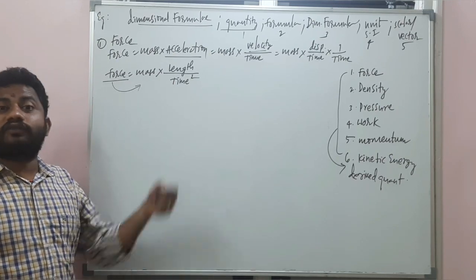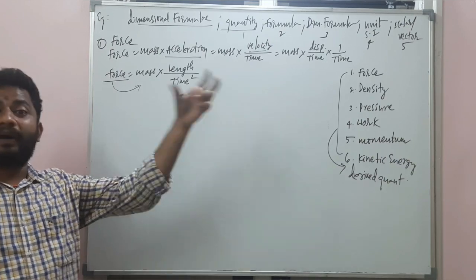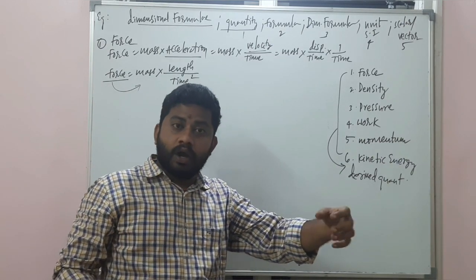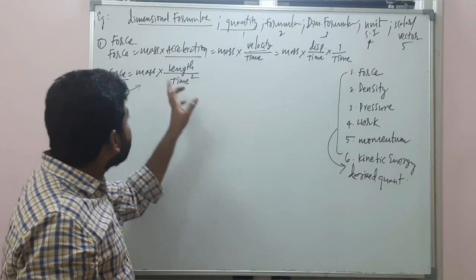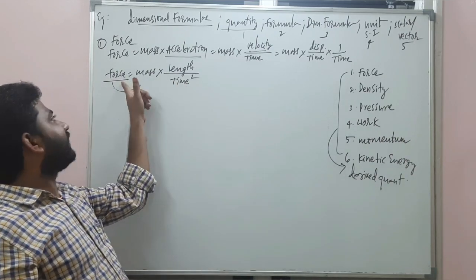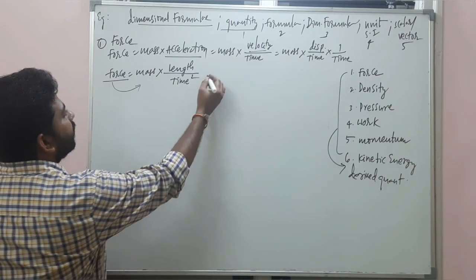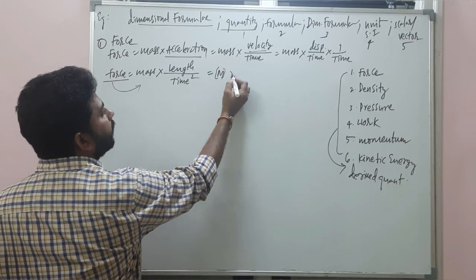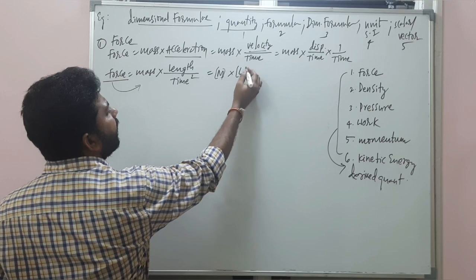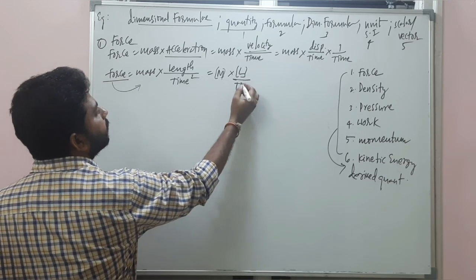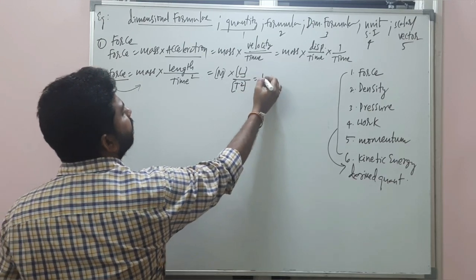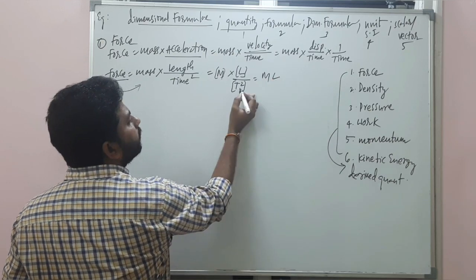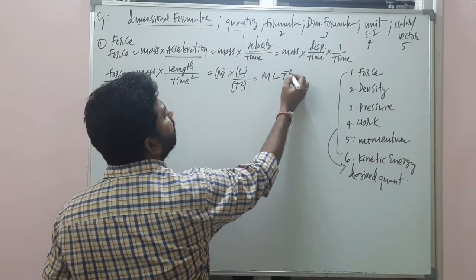Because the definition of the dimension is like that: dimensions are the powers to which the fundamental quantities are raised to represent the given physical quantity. Right? So mass M, into length L divided by T square. So I can write M L, T square goes to the numerator, that will be T minus 2.